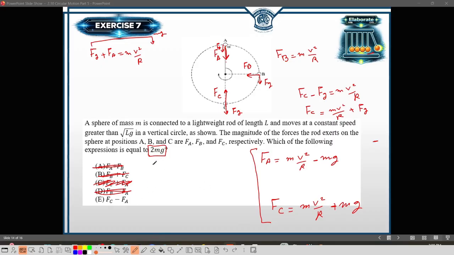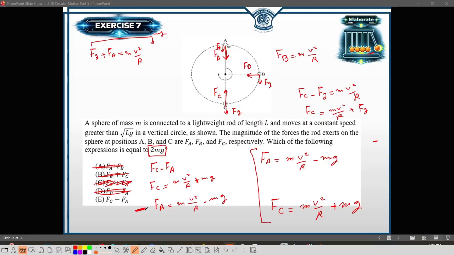Now Fc minus Fa, so we're going to subtract Fa from Fc. We can do that vertically. Let me write here Fc and minus outside Fa. Fc is mv squared over r plus mg, and Fa is mv squared over r minus mg.